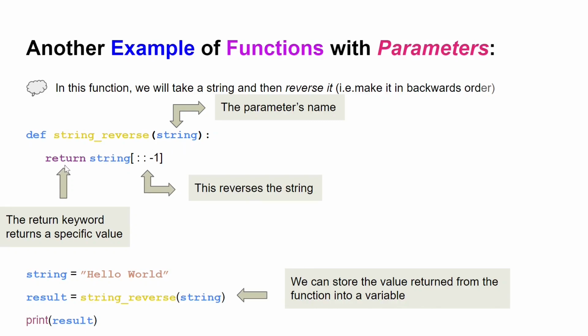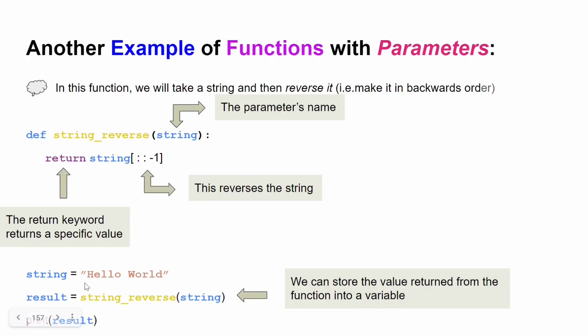And then we can type the keyword return, so that returns a specific value, and then we type string. And then inside of square brackets, this may look weird, but we type 2 colons and then -1. So this will go character by character in the string from the last character index to the first character index, which will basically just reverse this whole string, including capital letters.